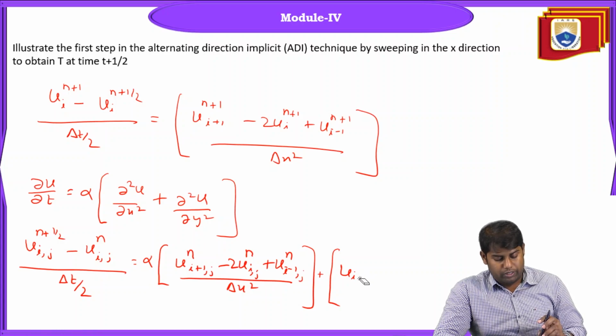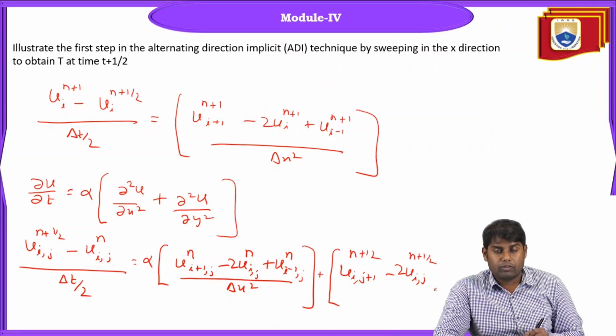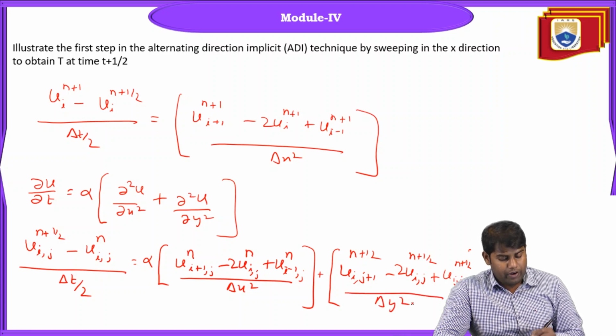So this will be u of i comma j plus 1 to the power of half minus 2 u of i comma j to the power of n plus half plus u of i comma j minus 1 to the power of half divided by delta y square.